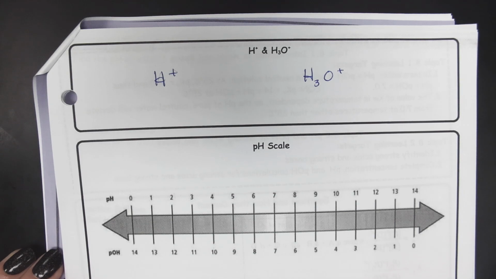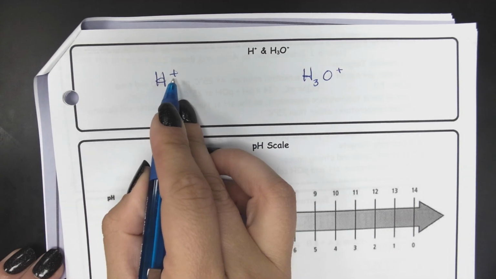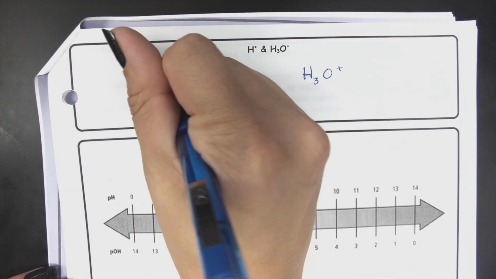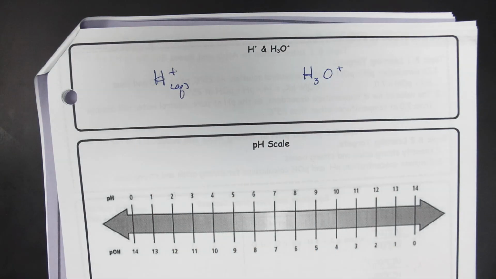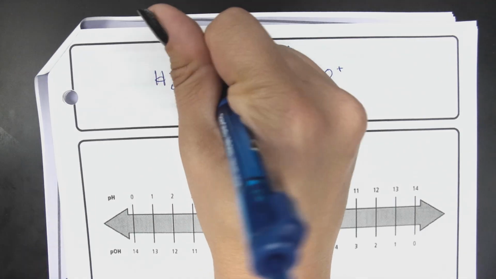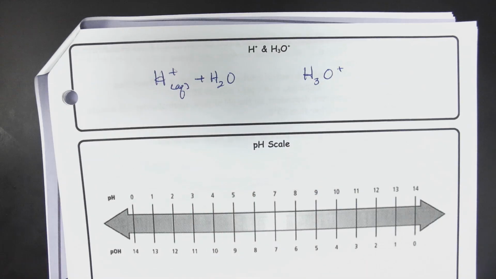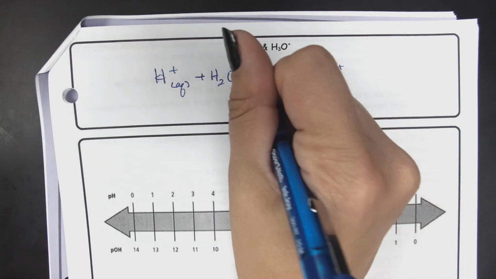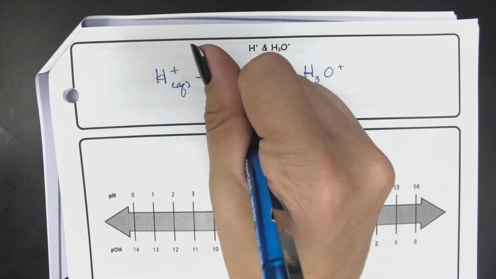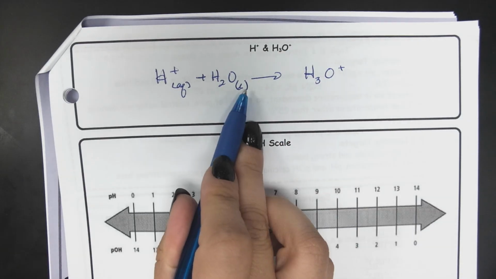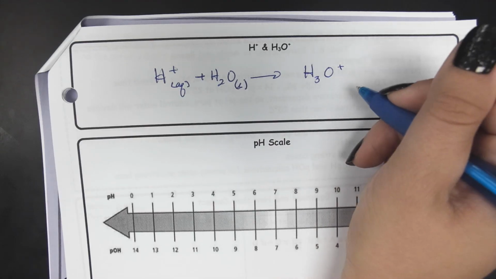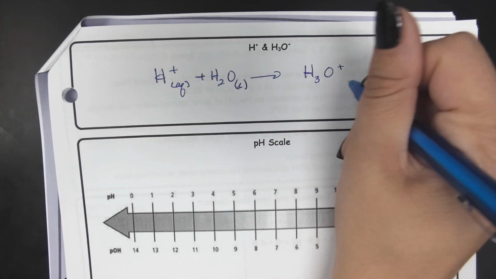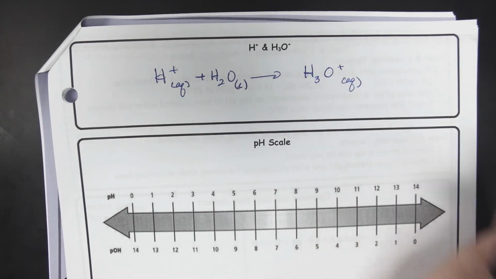The reason why is when H plus is aqueous, when we dissolve it in water, it almost always reacts with a water molecule, a liquid. Then it turns into this hydronium, the H3O plus, aqueous.